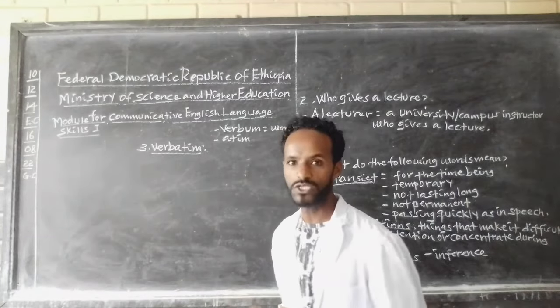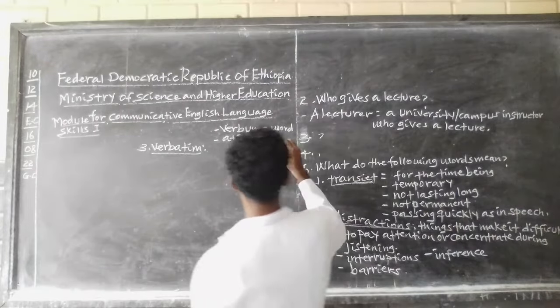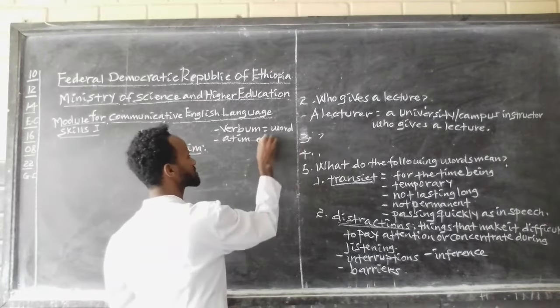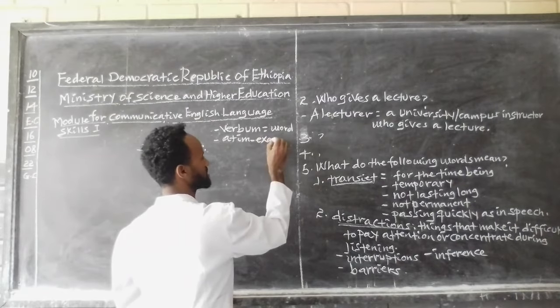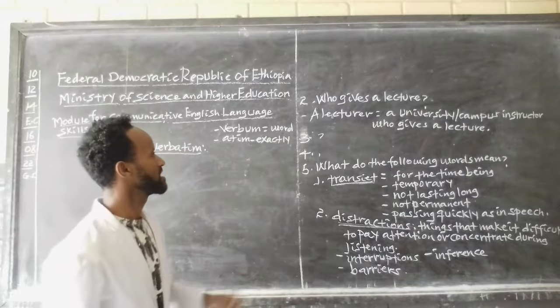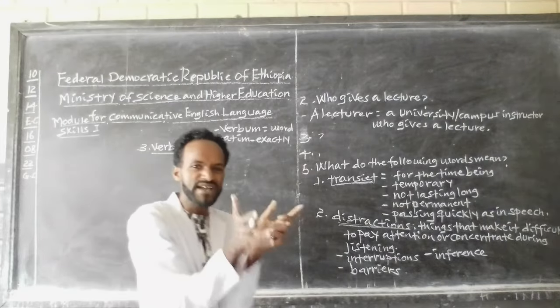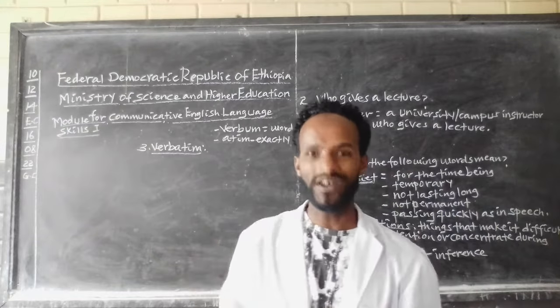The other one is atim. It is also a Latin term, which means exactly, or directly. So when we join them together, we get word for word, or direct word.